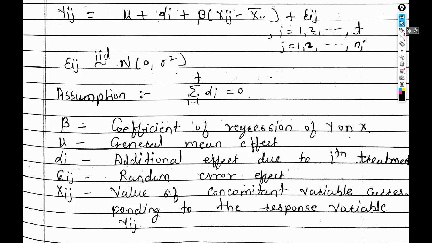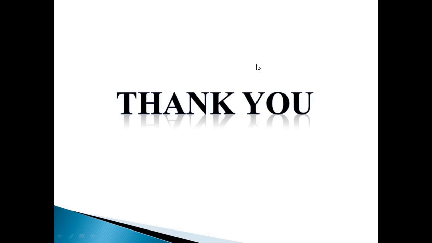Epsilon ij is the random error effect, and xij is the value of the concomitant variable corresponding to the response variable yij, the jth x observation due to the ith treatment. And yij is the jth y observation due to the ith treatment. So this is the statistical model. Thank you.